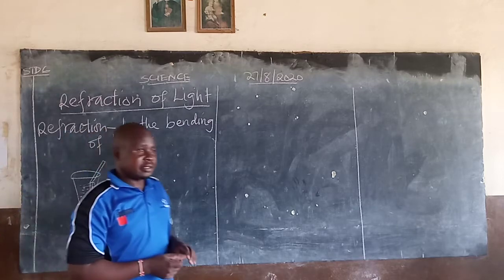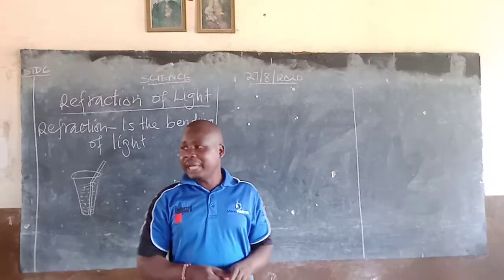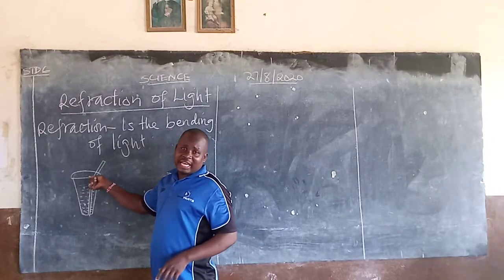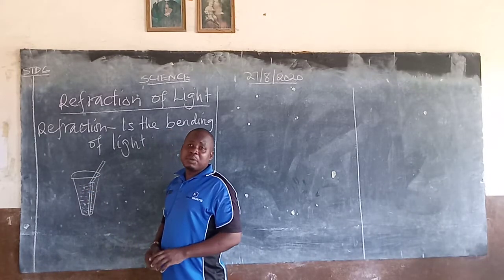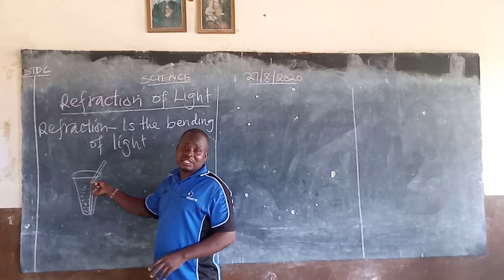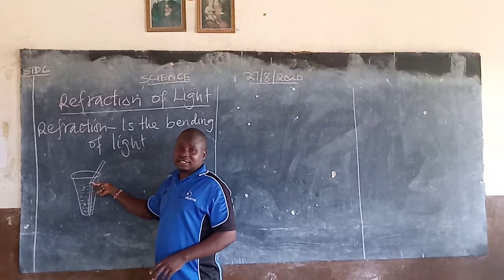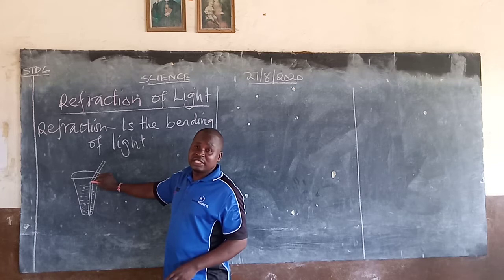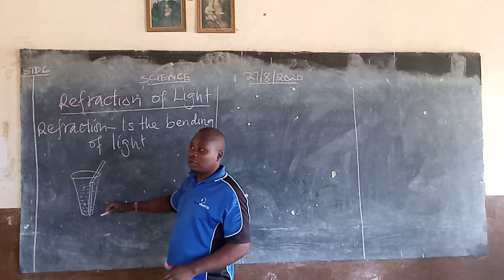Why is it bent? It is bent because water is more dense than air. So at the point where the water ends and the air starts, that is where we will see the bend.